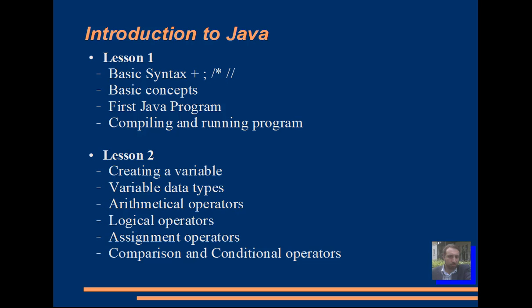In lesson 2, we'll dive into creating a variable, what variables are, and the types of variables. We'll start covering basic stuff like addition, subtraction, and multiplication, just the basic arithmetic operators, as well as assigning values to variables and comparing variable values.